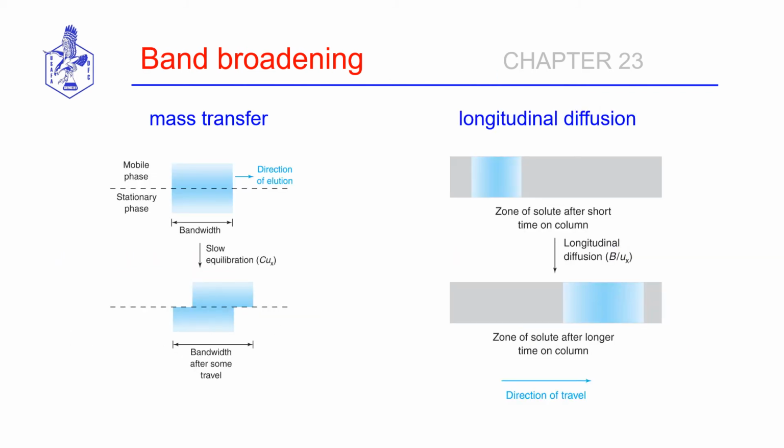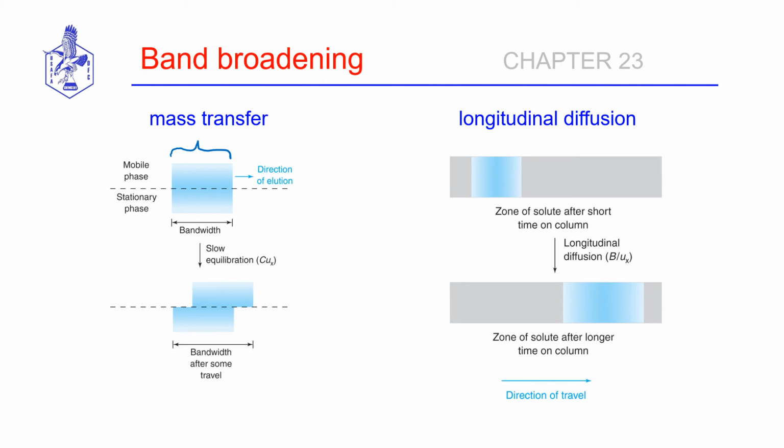So this slide simply illustrates the impact to the width of a band that comes from mass transfer and longitudinal diffusion. On the left, you see that at one point in time, the position and distribution of your molecules might look like this. That's your bandwidth.